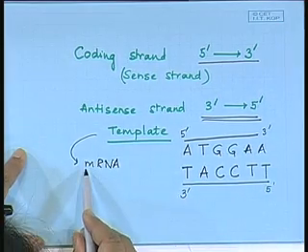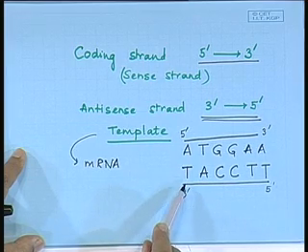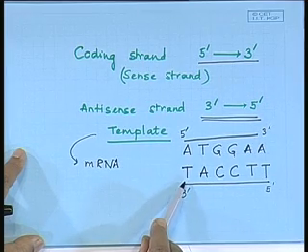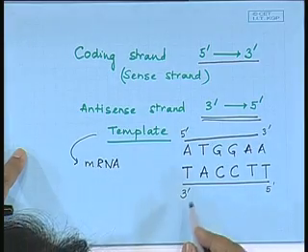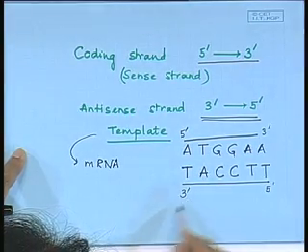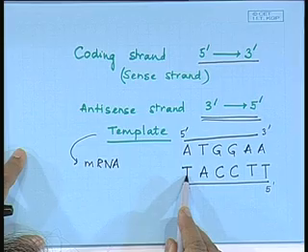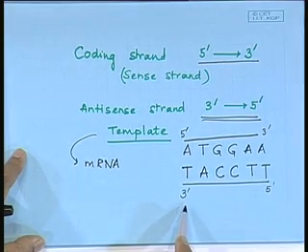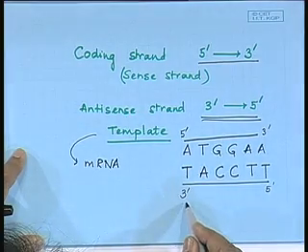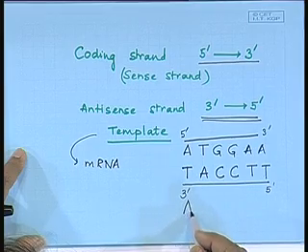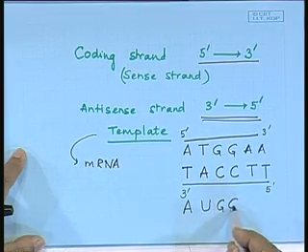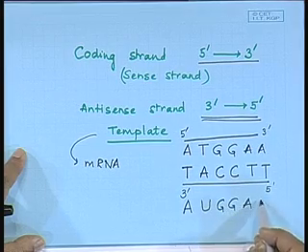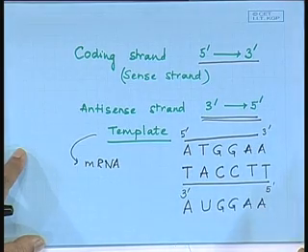Then I have my mRNA, which actually is linked to the antisense strand. So, what is the code for the mRNA going to be? Because it is going to be complementary to this now. So, what am I going to get? A, then U, G, G, A, right? Why U?